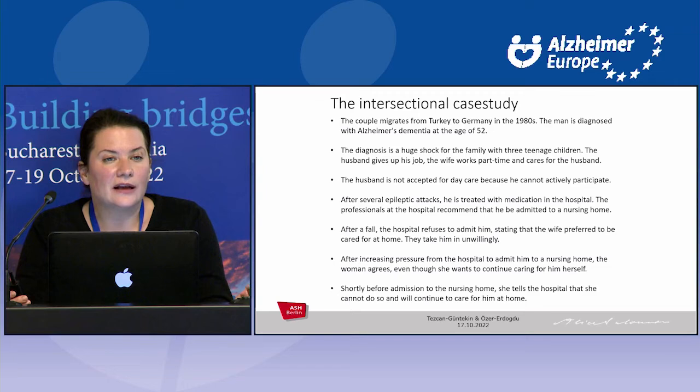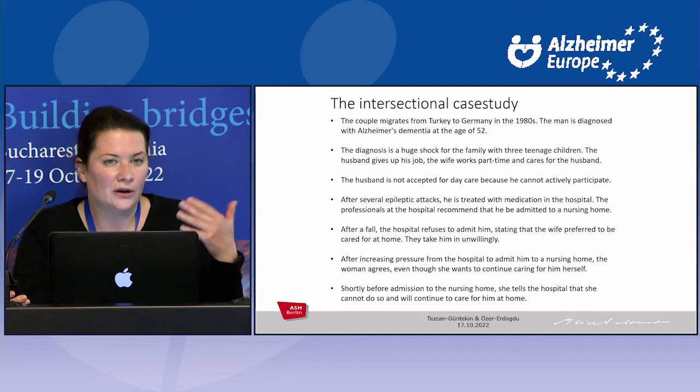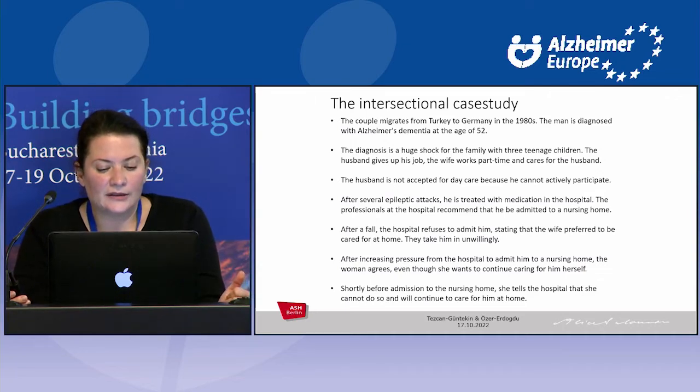They take him in unwillingly. After increasing pressure from the hospital to admit him to a nursing home, the woman agrees, even though she wants to continue caring for him herself. And shortly before admission to the nursing home, she tells the hospital that she cannot do so and will continue to care for him at home.